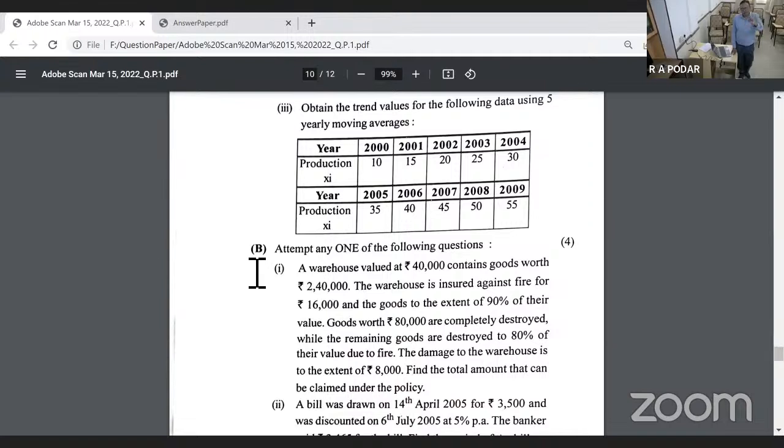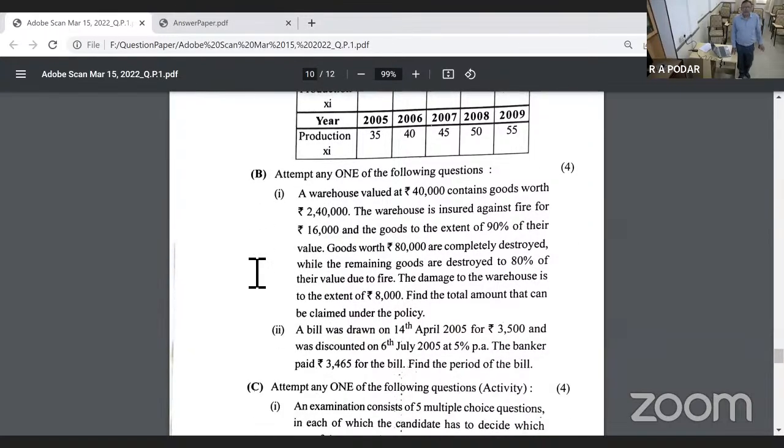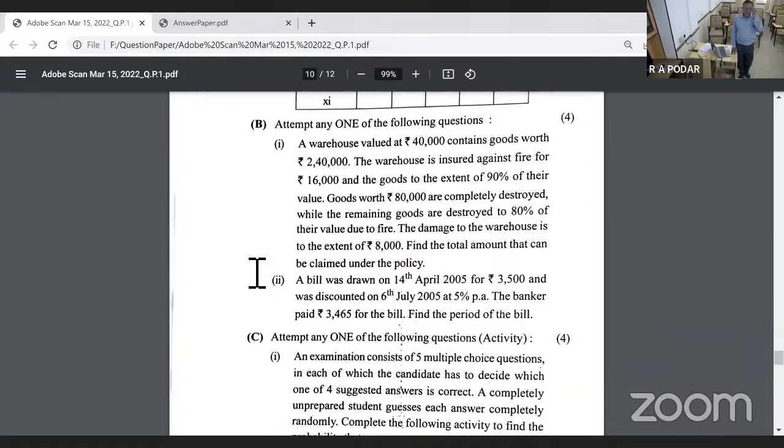Okay, next is a big question depending on insurance. This question has 2-3 parts to solve. For the completely destroyed part, you have to separate the 80% destroyed part, and then the value of the warehouse you also have to find separately.